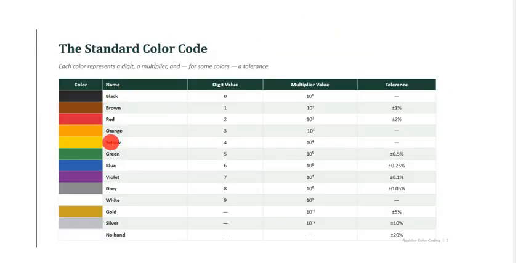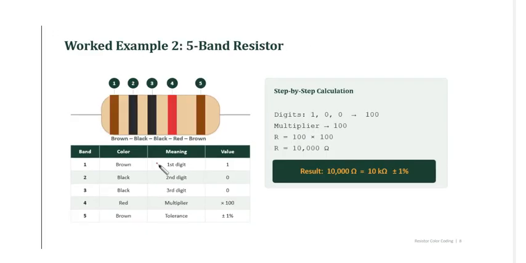If we apply the standard color codes, the first 3 colors here are digits. We have brown, black, black. Brown from the standard color code is 1. Let's write that here. Yes, brown is 1.